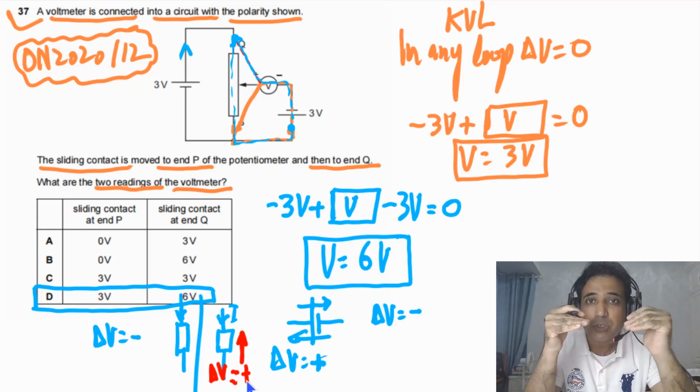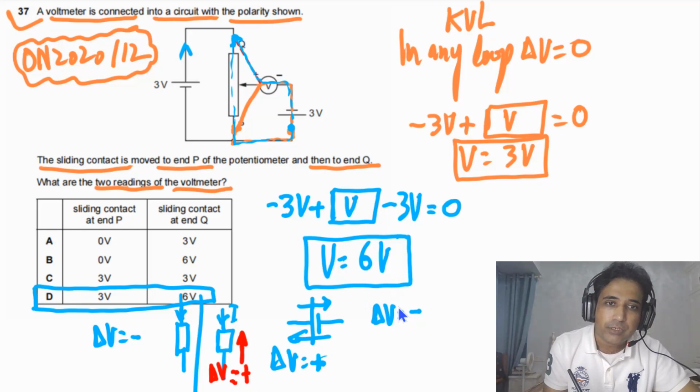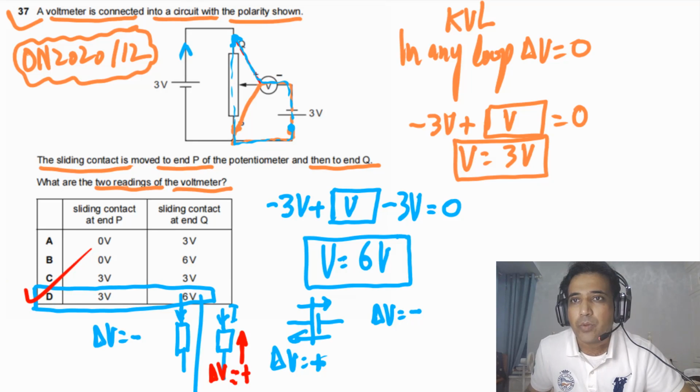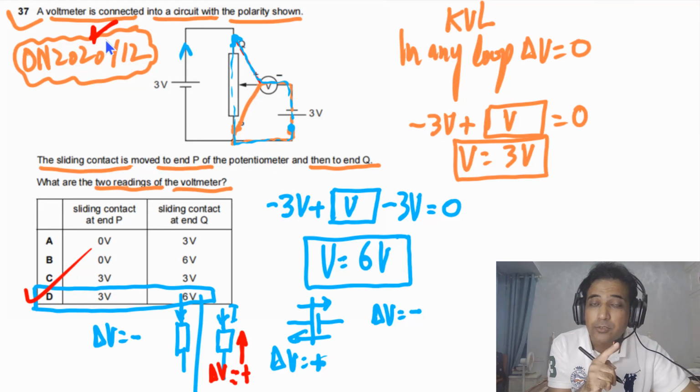If potential decreases, PD is negative, meaning the change in potential is negative. I hope these points are clear to you. If you understand these points, you can answer. So the answer for this question is D. And also please check this paper. You can find another method to answer this question.